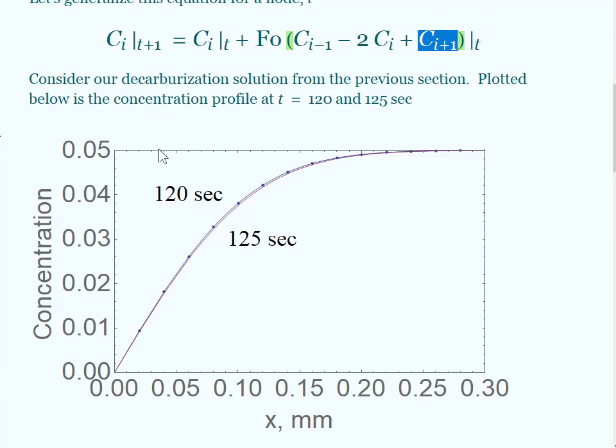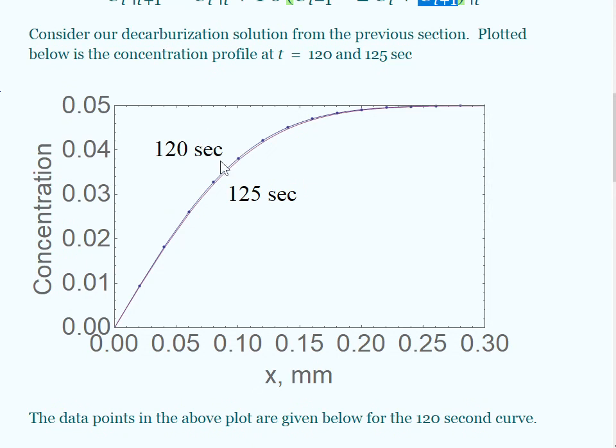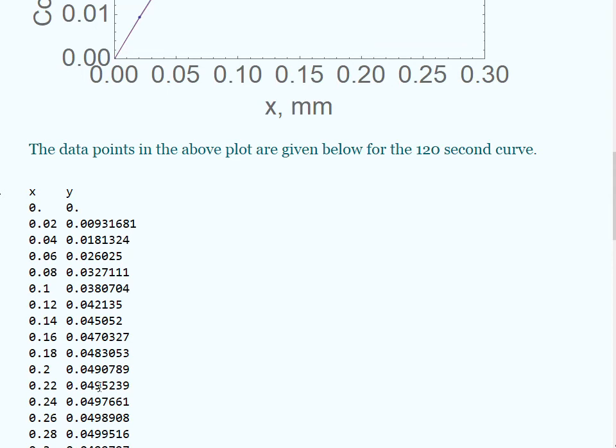So it took me several time steps because I'm going to let my delta t, my time step, be 5 seconds. And so 5 seconds later, if I was to go through and calculate all this, I'd end up with this red curve. Okay. And my blue curve, the one I'm going to need to calculate the next step, the values are all given here.